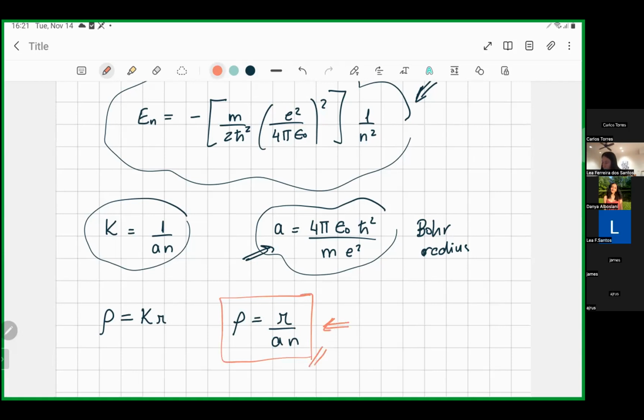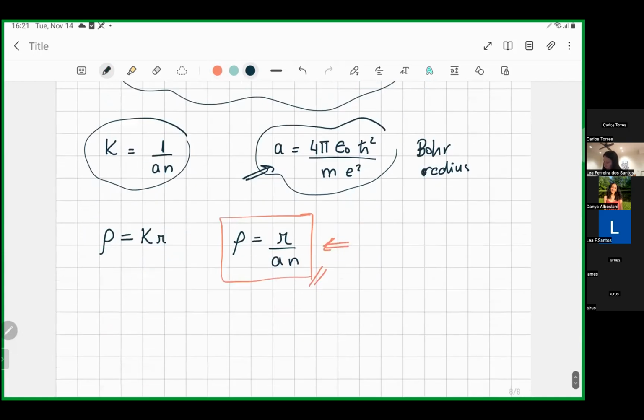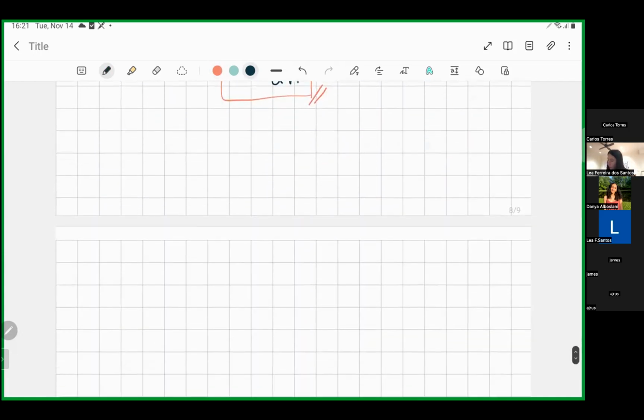Now that we have everything, let's finally write our solution: the wave function for the time-independent Schrödinger equation in 3 dimensions for the central potential. So what is this wave function? It depends on r, theta, and phi.